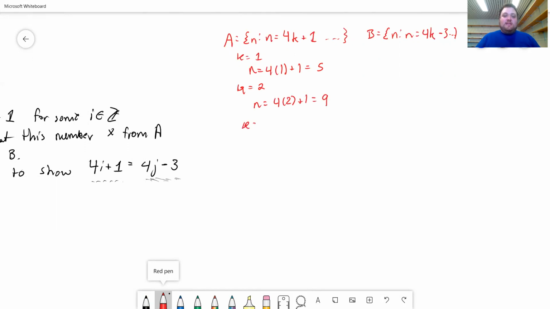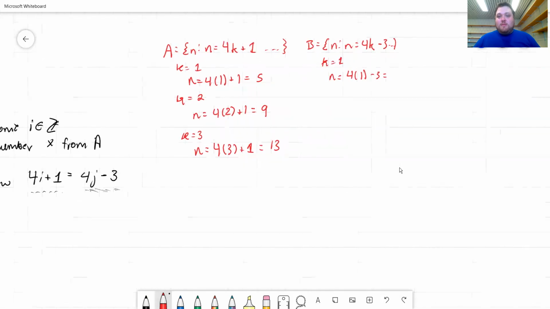And if k is equal to 3, then n is equal to 4 times 3 plus 1, which is equal to 13. And in B, if k is equal to 1, then n is equal to 4 times 1 minus 3, which is equal to 1.